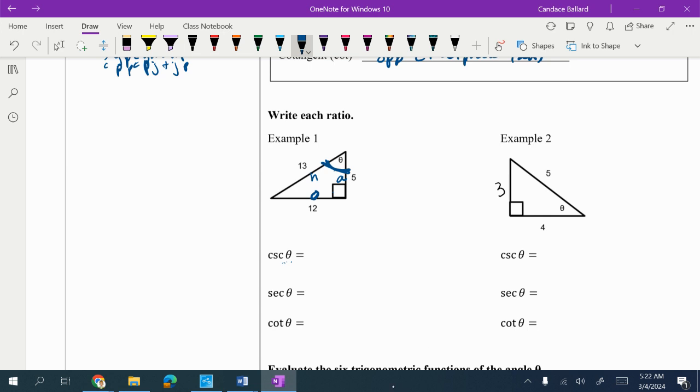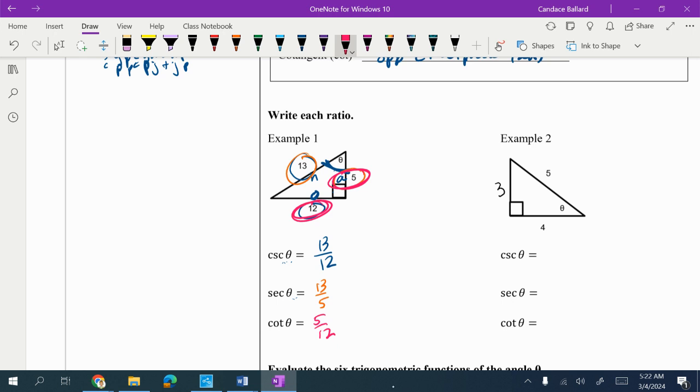Cosecant is the hypotenuse over the opposite, so I would do 13 over 12, and we're not worried about improper fractions. Secant is the hypotenuse over the adjacent, so I would do 13 over 5. And then finally, cotangent is the adjacent over the opposite, so I would do 5 over 12.